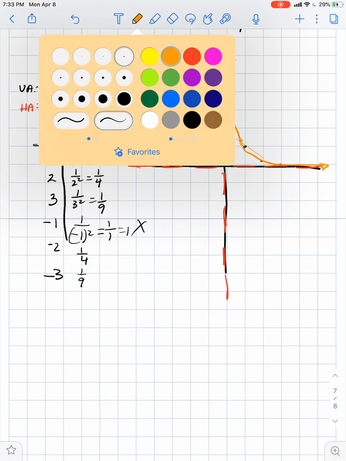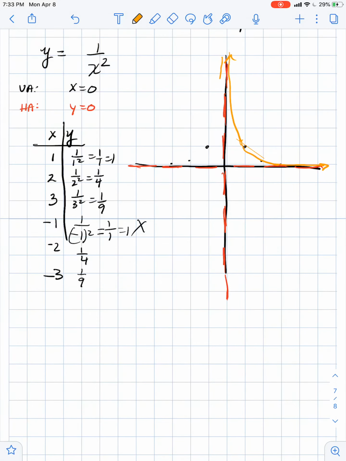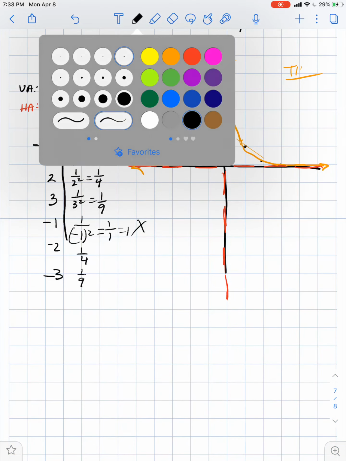So when I have it squared, it's now changed quadrants, and they're both in quadrants 1 and 2. They're both in the positive range. Past that, guys, they're going to just move right, left, up, down again.